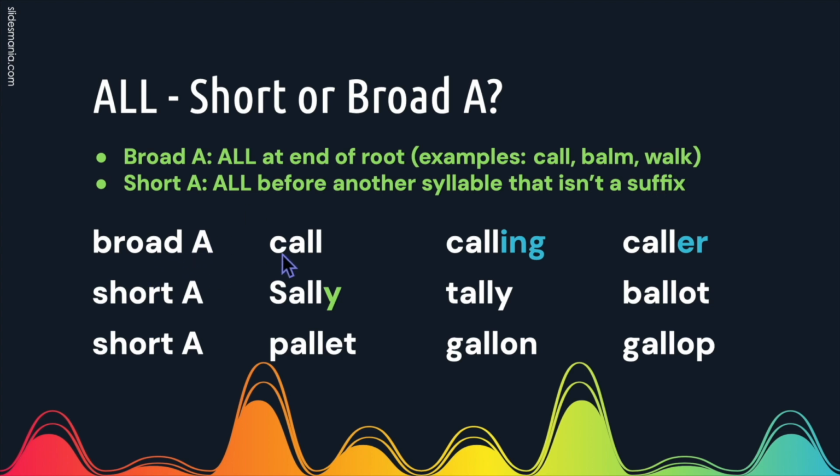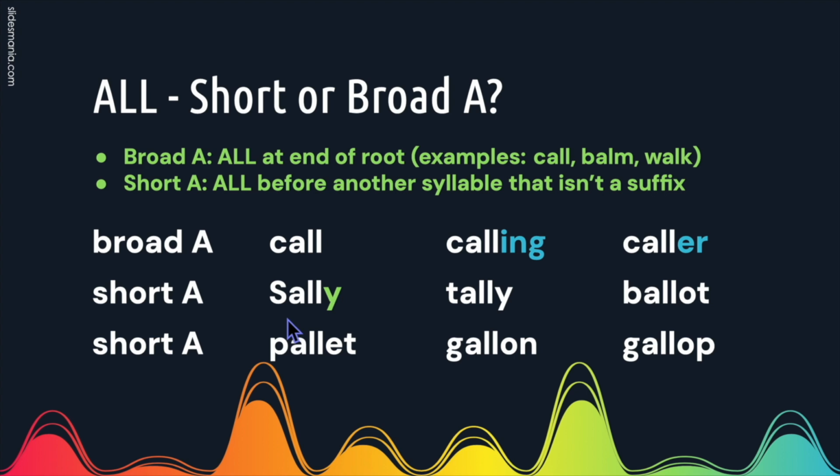For example, here we have ALL at the end of the root of the word call, so we use the broad sound of ah. Here we have calling. We can add suffixes to the end of the root and it doesn't change the sound. Calling, caller.